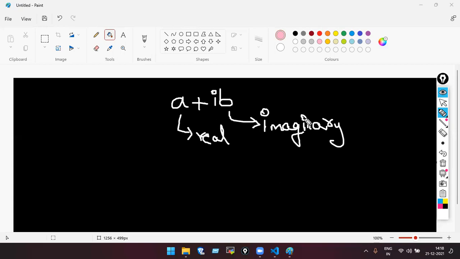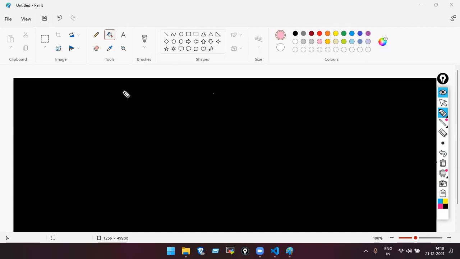But here in Python, we can't use i. We have to use what? j. In the place of i, we have to use j. That is a big thing in Python there. So in Python, what's the formula? a plus jb.